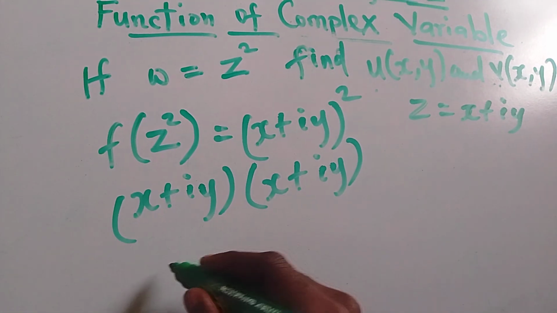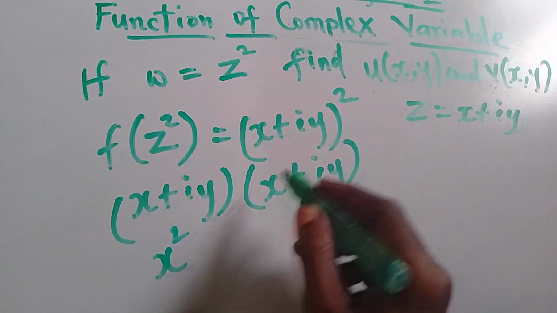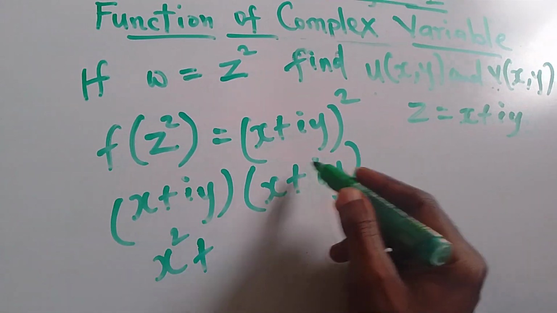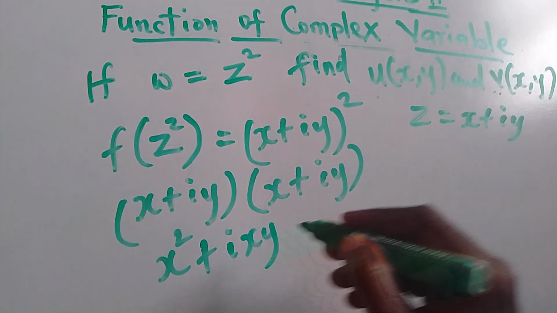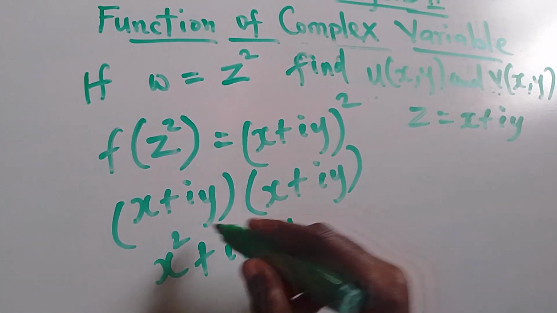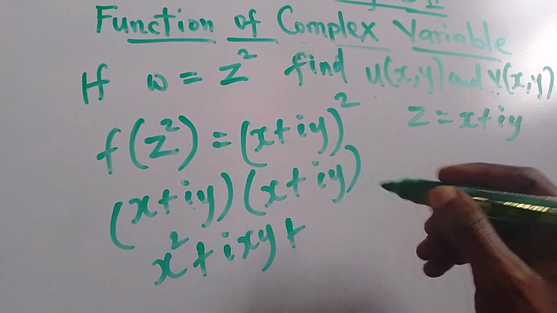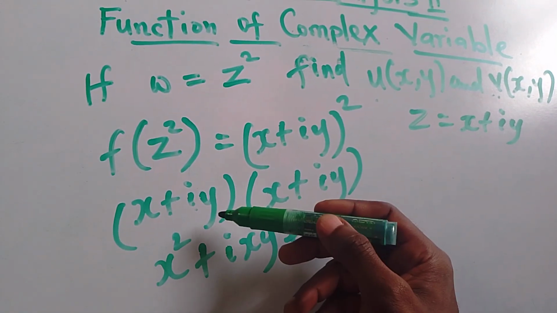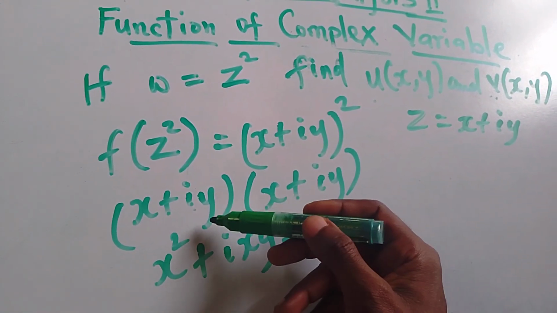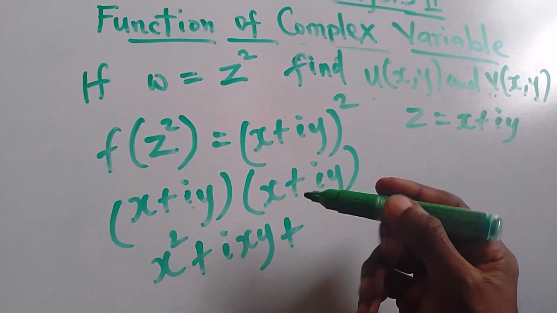x times x is x square, plus x times iy, that will give us ixy, then plus iy times x. You don't care whether y comes first, but you have to arrange it in alphabetical order.